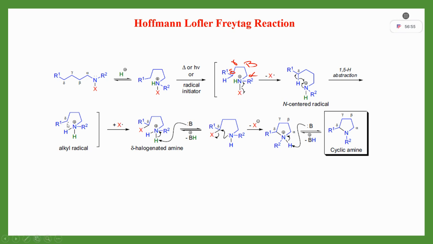Then that radical will be quenched by X dot, because X dots are many, from here X dot have been formed. Now a base is there that can abstract this proton, and then the lone pair of this nitrogen can push here and result in formation of this cyclic amine. Understood? Okay.